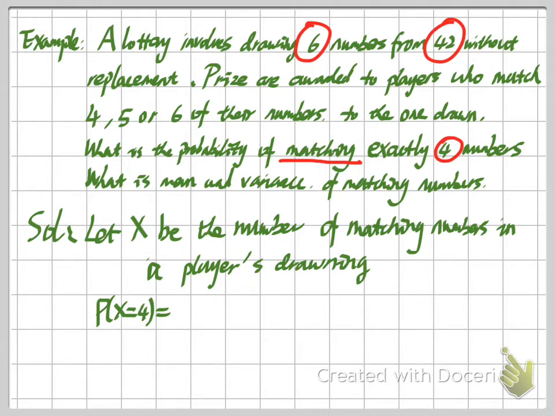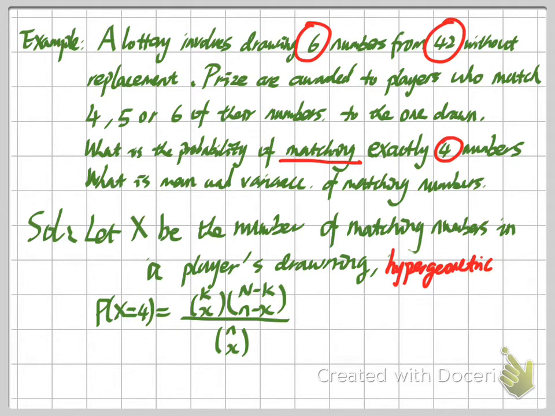Now we can use the PMF of our hypergeometric random variable. This is our formula for the PMF of a hypergeometric random variable.